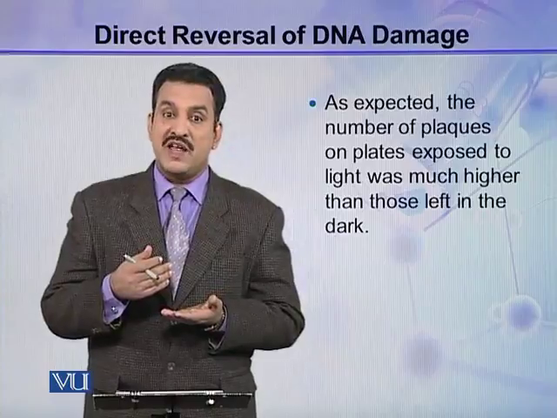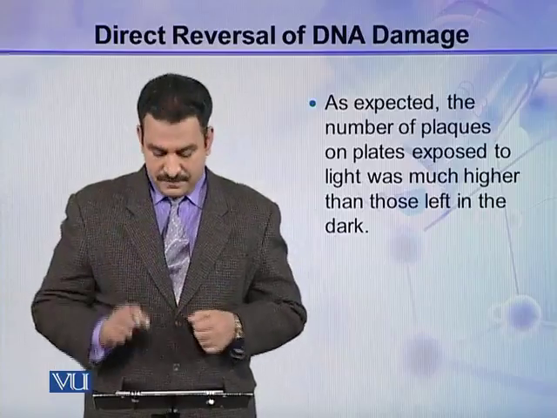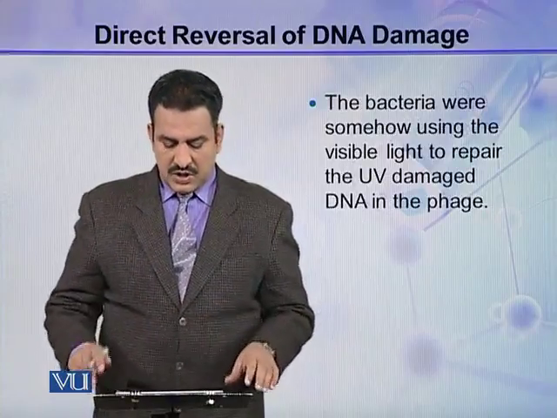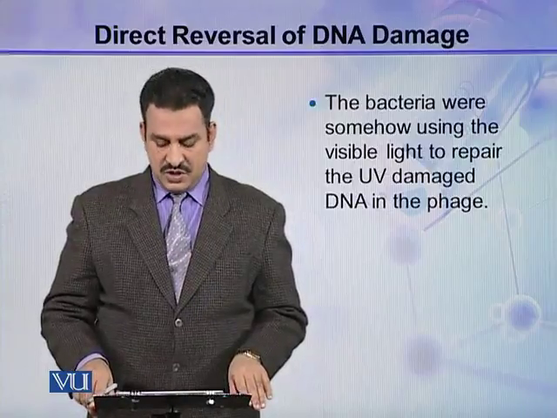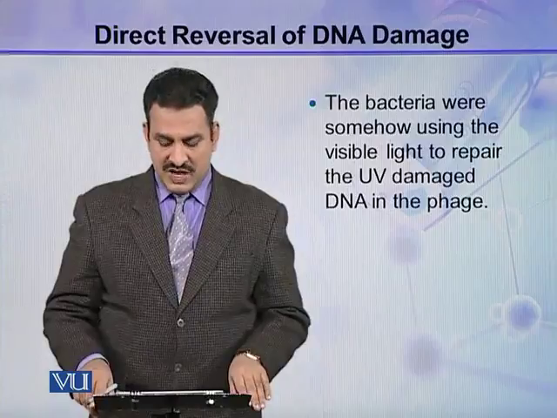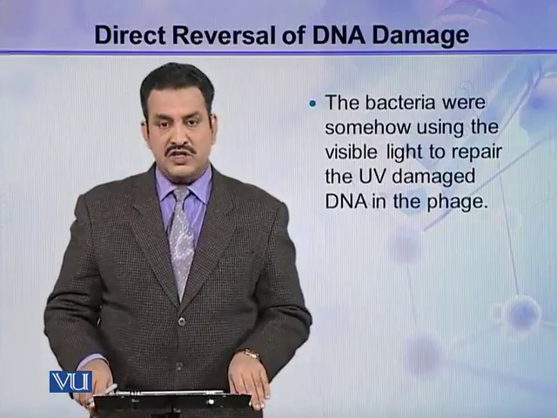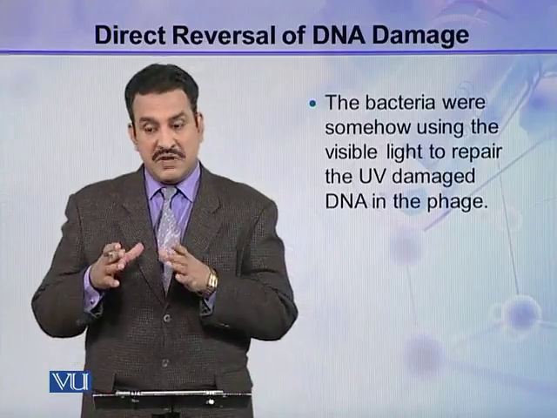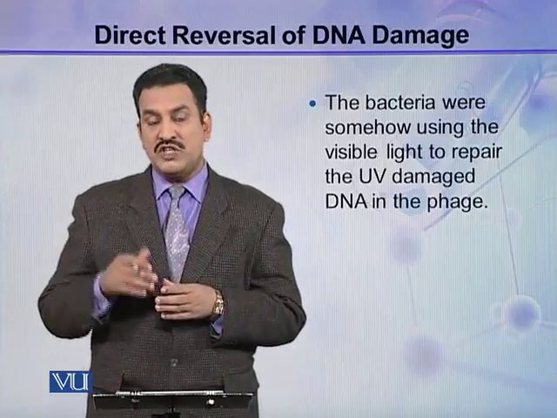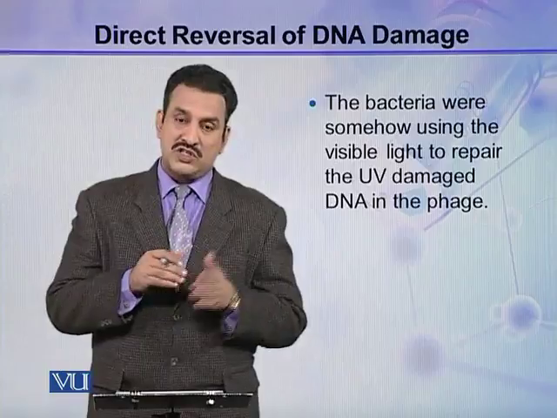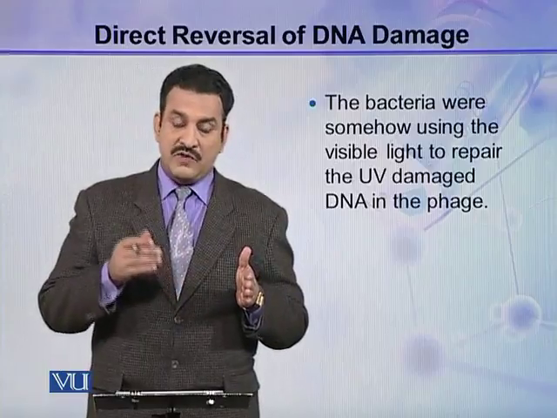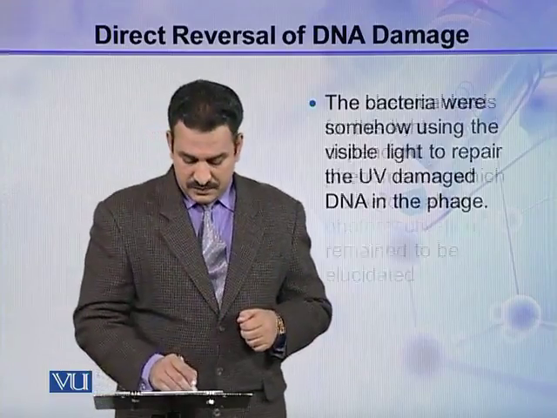So the number of plaques was more. The bacteria were somehow using visible light to repair the UV damaged DNA in the phage. So the bacterial machinery was used to repair the mutations in the phage, with the help of light.